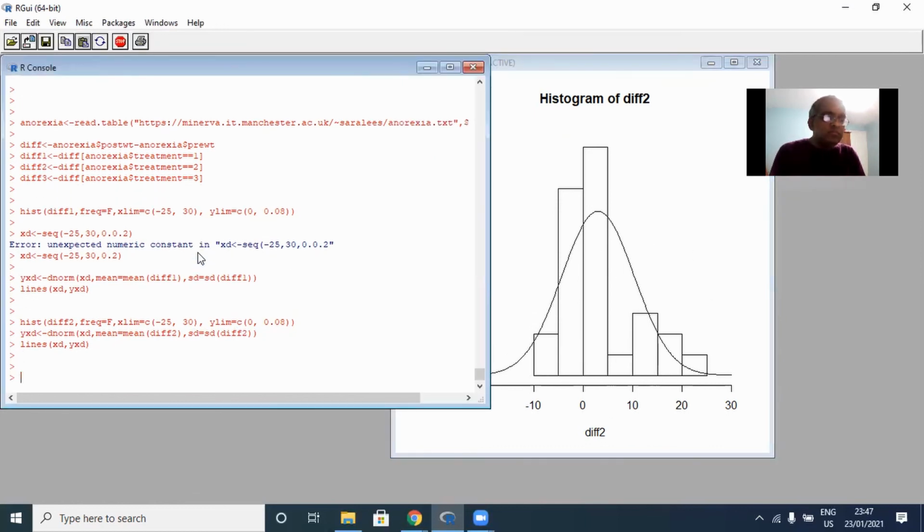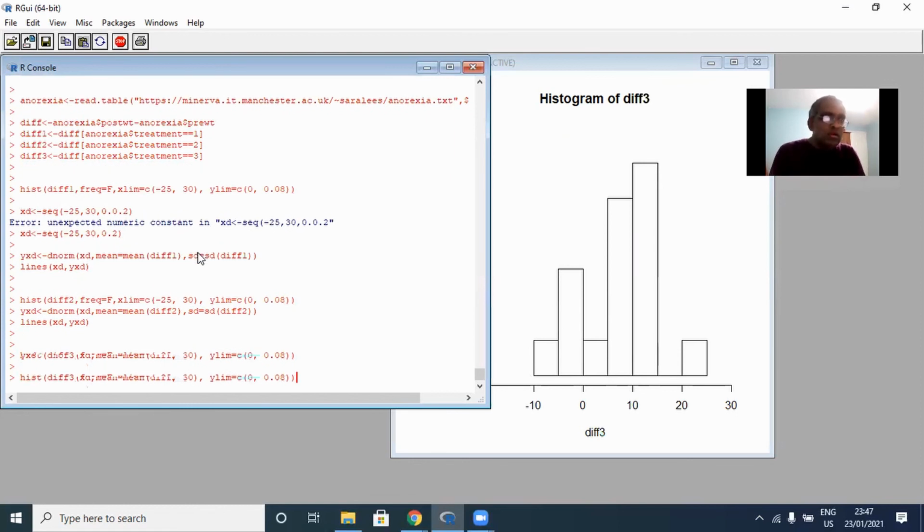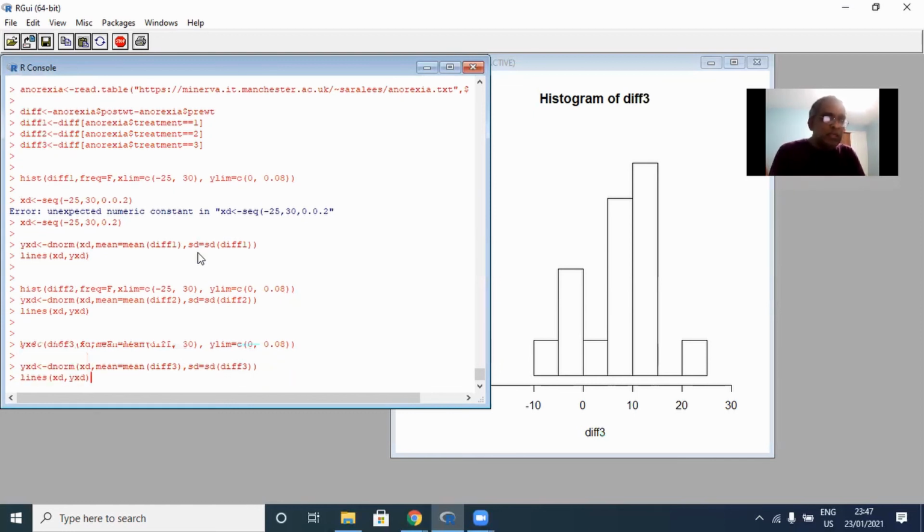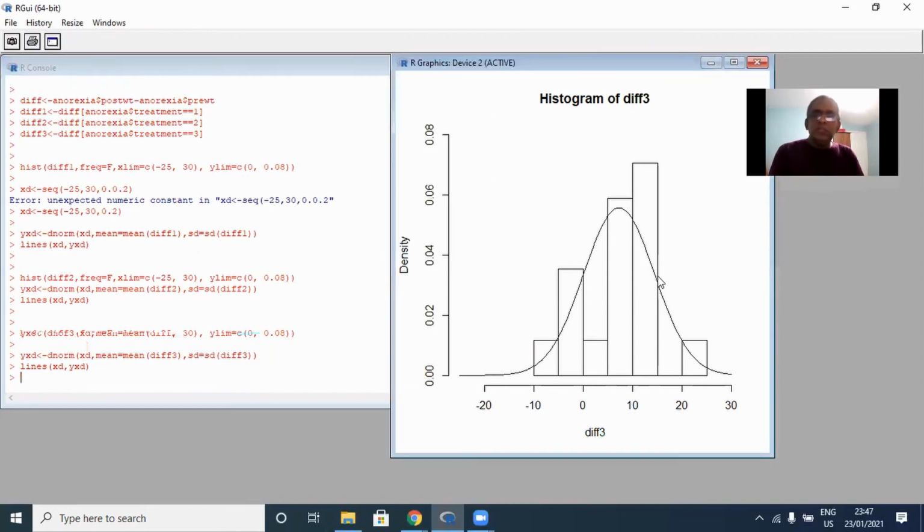And finally, for diff3, change diff2 to diff3, and then you do the lines command. So this is the fit of the normal distribution for the differences in weight for treatment 3, right? Looking at it visually, it's really difficult to say whether the fit is good or not.